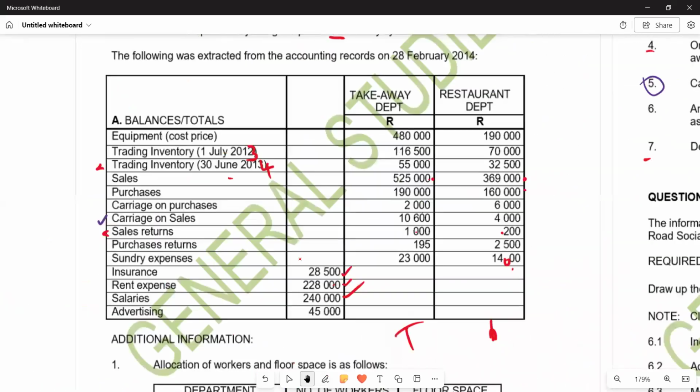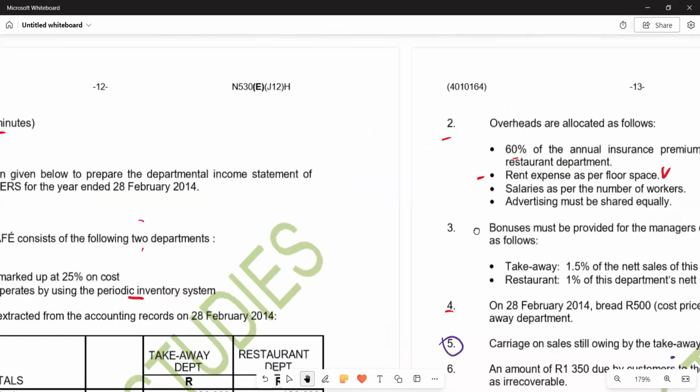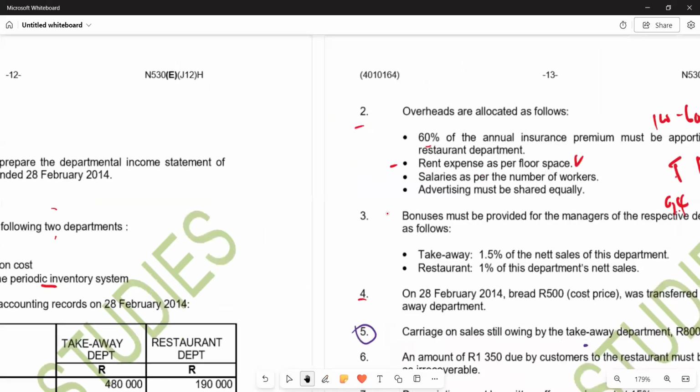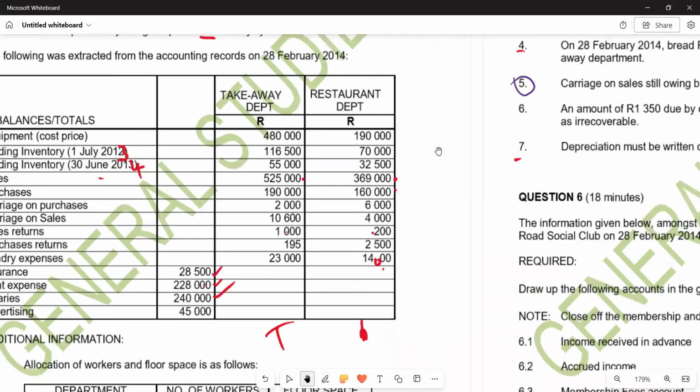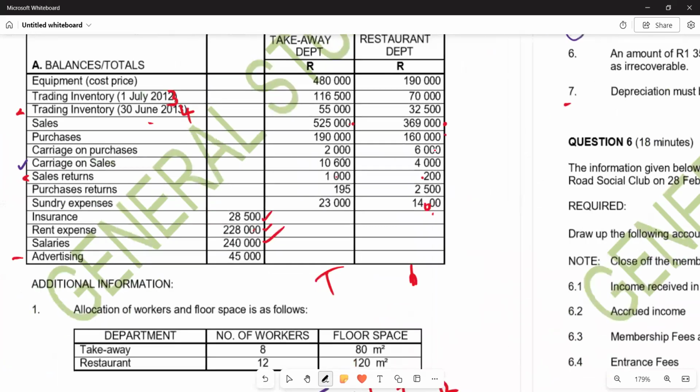Right, after salaries, we are having advertising. So we can, as well, go to the additional information and try to find out how we allocate this advertising. If you go there, advertising is the last one, which is saying must be shared equally. So basically we divide by 2. And the amount that you get, we put it in both columns. So advertising is 45,000, then we divide it by 2. And obviously we're going to get 22,500.